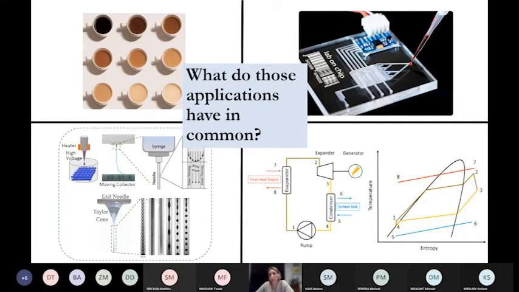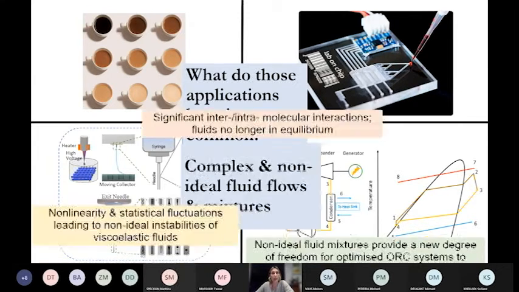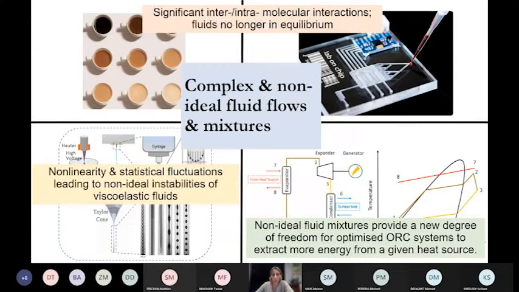And so the question is, what do those applications have in common? Because we may think that they're quite diverse applications. And so actually they've got lots in common. They're all dealing with complex and/or non-ideal fluid flows and mixtures. Some of those applications have significant inter- and intramolecular interactions where the fluids are not necessarily in equilibrium. And that raises some complexity in terms of how we want or need or are able to model those interactions.